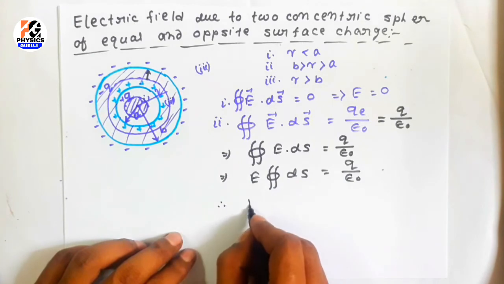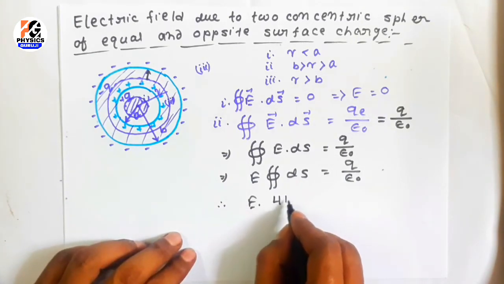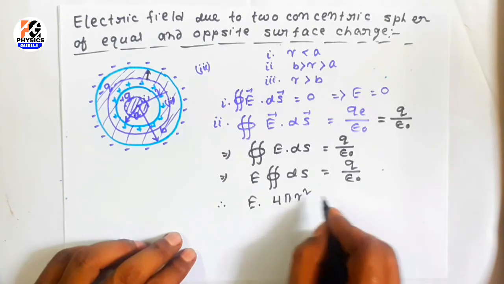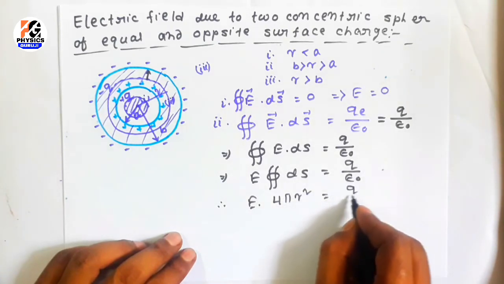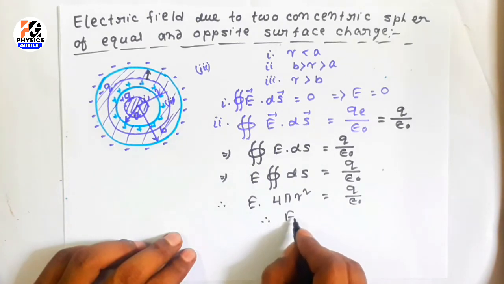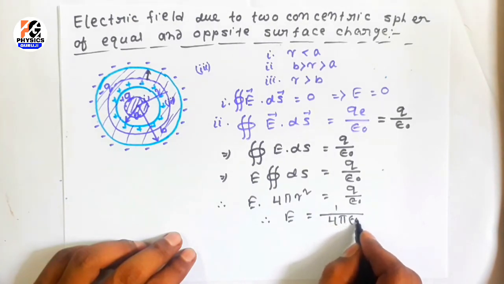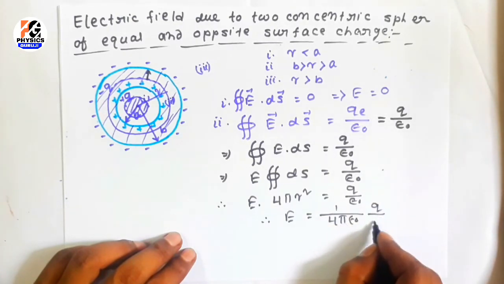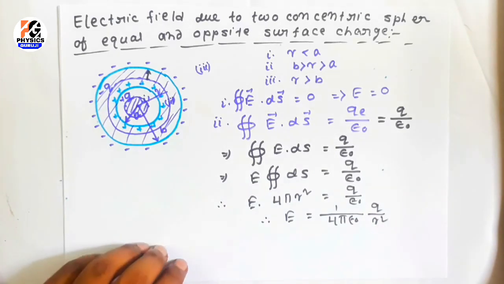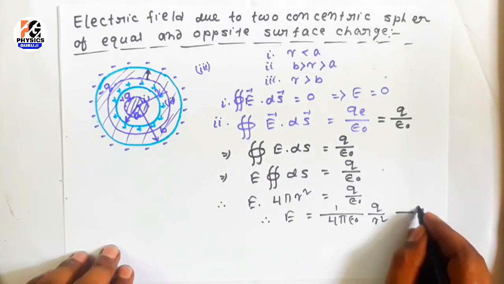Finally, the integral of ds is 4 pi r squared, so E times 4 pi r squared equals Q by epsilon 0, and therefore the electric field E is equal to 1 by 4 pi epsilon 0 into Q by r squared. This is the electric field in region 2.